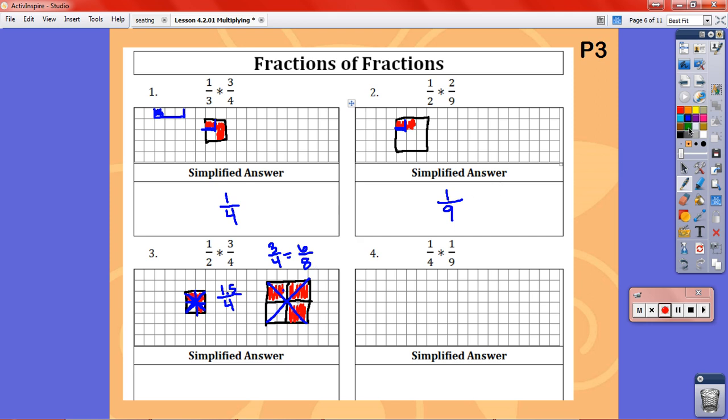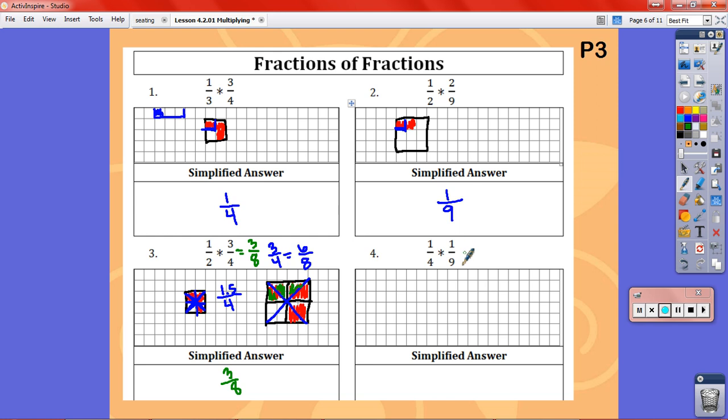Half of 6 would be 1, 2, 3. And that's half of the pieces that are shaded in. So we end up with 3 out of 8. So our answer is 3 out of 8. So 1/2 times 3/4 is 3/8. Let's look at the next one.